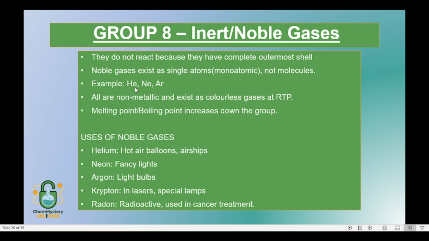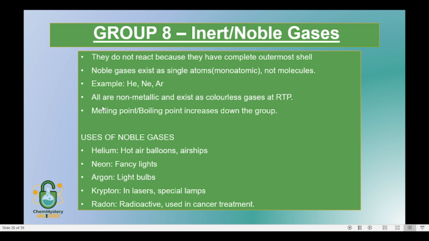They are chemically complete because they have a complete outermost shell. They do not react. All are non-metallic and exist as colorless gases at RTP, room temperature. Non-metallic होती हैं और colorless gases होती हैं. Melting point, boiling point increases down the group. Always remember these trends.